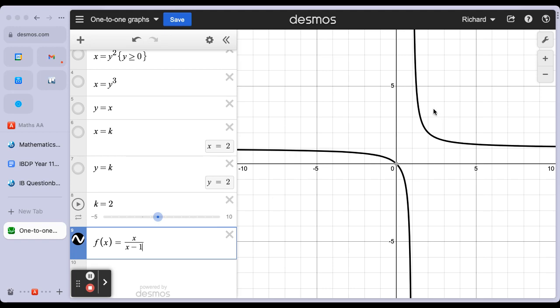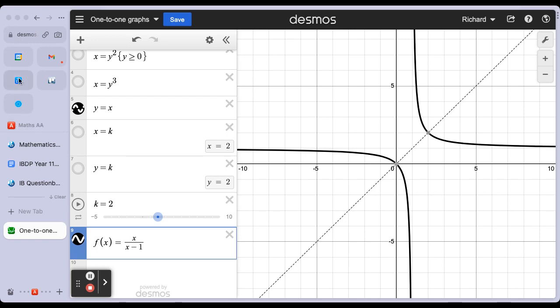So if you can imagine flipping over the line y equals x, this bit would flip so that it is down here and this bit would be up here. Similarly over here, this bit would flip to there and this bit would flip to be up there. So when you flip it, it would actually be exactly in the same spot effectively. So it's a self-inverse function.